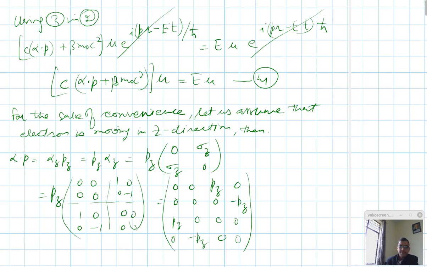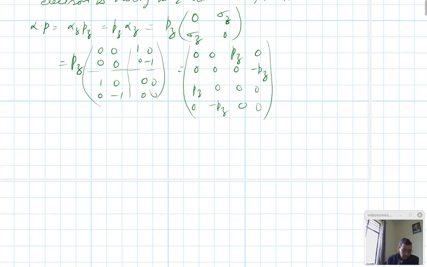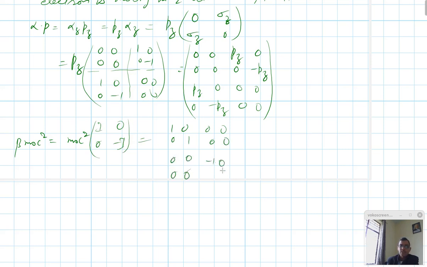And similarly I can calculate beta m naught c square. The value of beta is I 0, 0 minus I. So if I put their values, it is the matrix with rows 1 0 0 0, 0 1 0 0, 0 0 minus 1 0, 0 0 0 minus 1, times m naught c square.